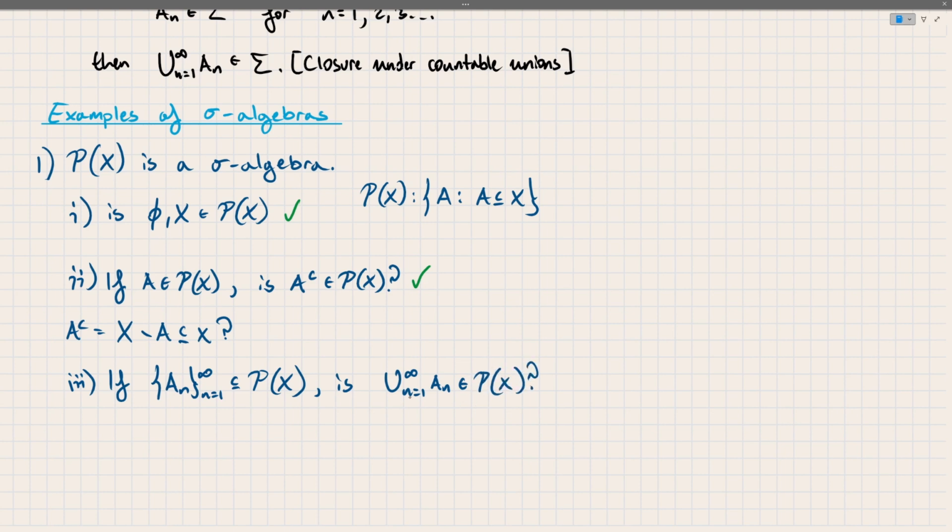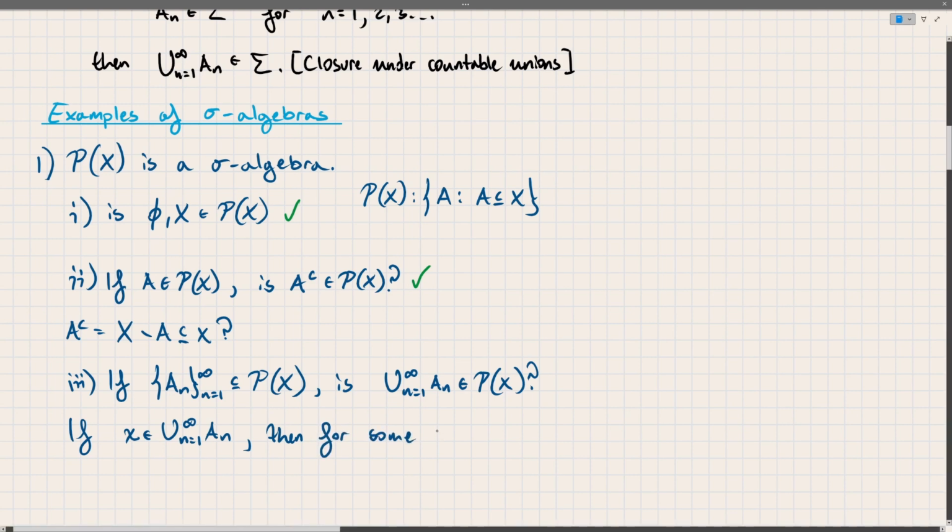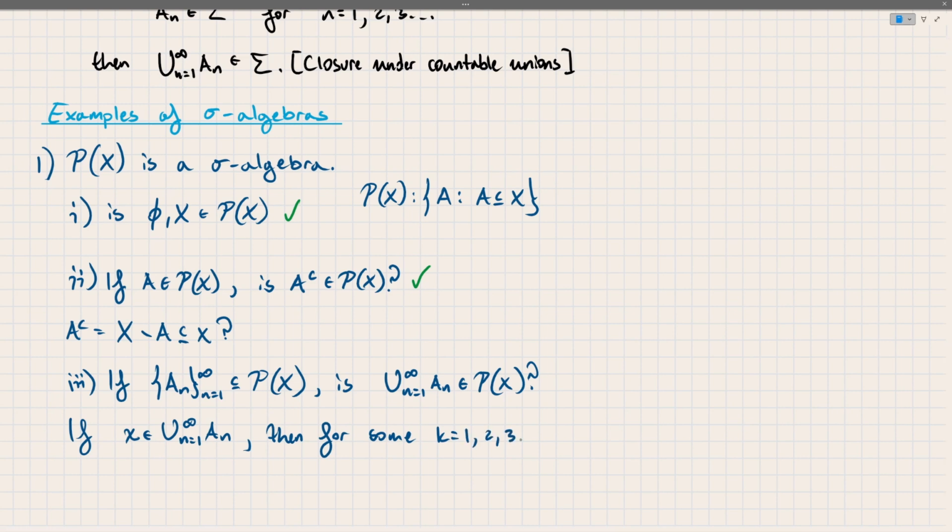This is to ask, if I have a sequence of subsets of X, is their union a subset of X? Well, this is by definition. If I have an element x in this union, then there exists some k such that x is an element of Ak.